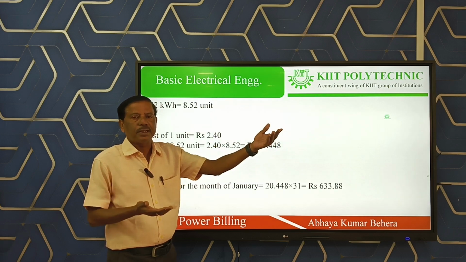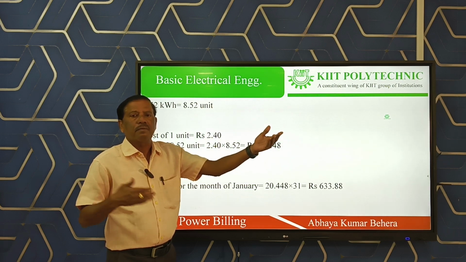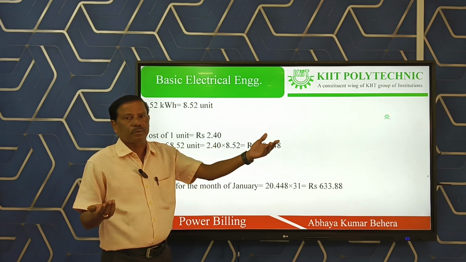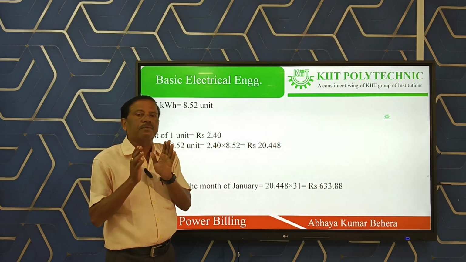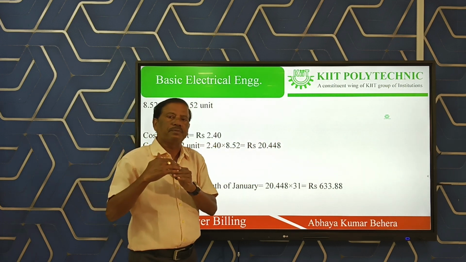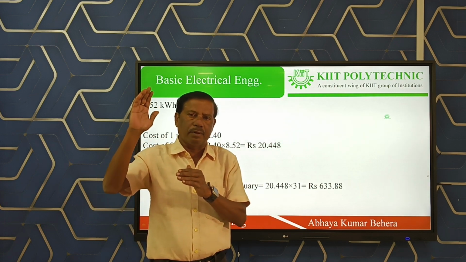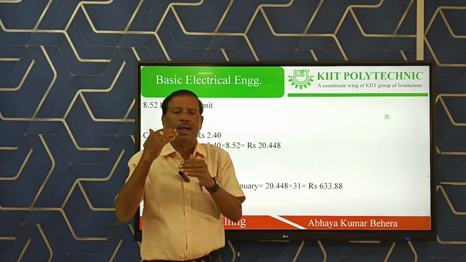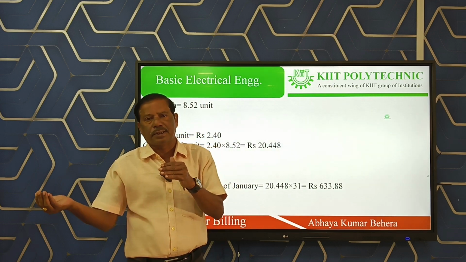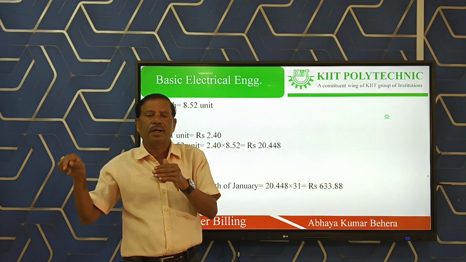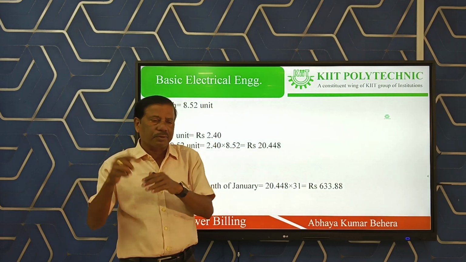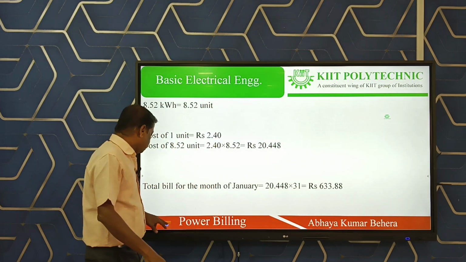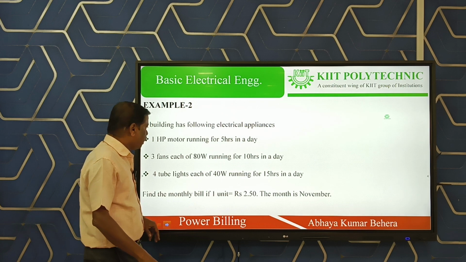Then for the rest of the units, I have to pay at the given rate. Suppose I have got 150 units. So first 50 units I will pay at the rate 2 rupees. Then the rest 100 units I have to pay at the rate asked in the problem. In that way we have to calculate the power billing of our house.